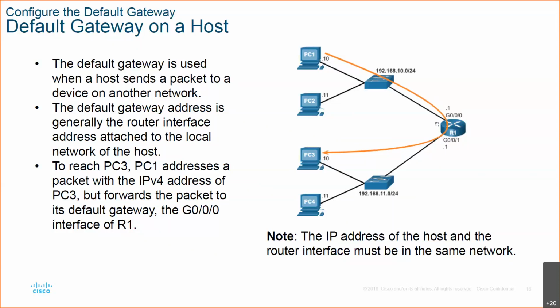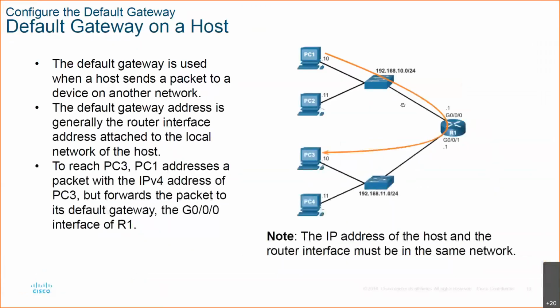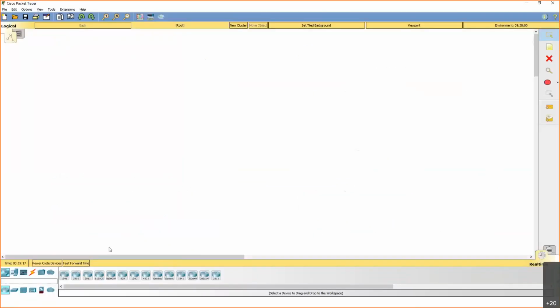Okay. Now let's open Packet Tracer and quickly do this. Let me do a mental map of it. Okay. So what I do is I have a router. Here's my router. And what I have next is a switch.